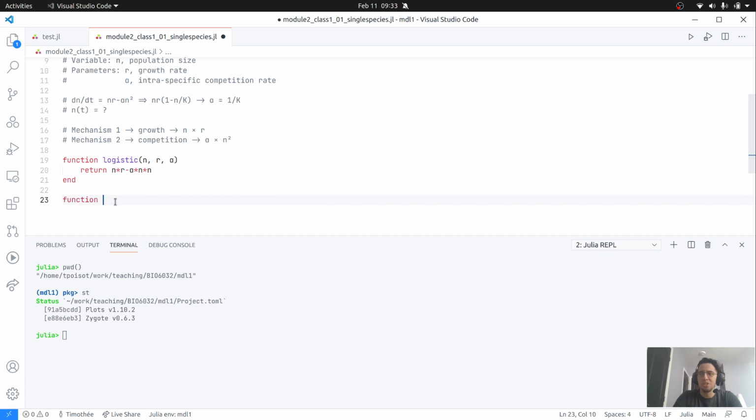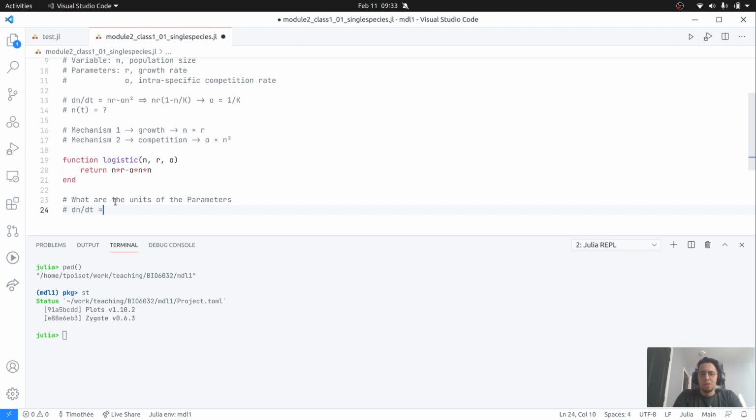A very good question in the chat. What are the units of alpha? I love this question. That's a discussion I usually have in a class a bit later, but let's go with that. So what we're modeling is dn over dt, which is a change of individuals over a change of time.